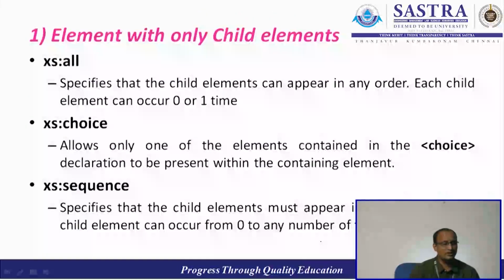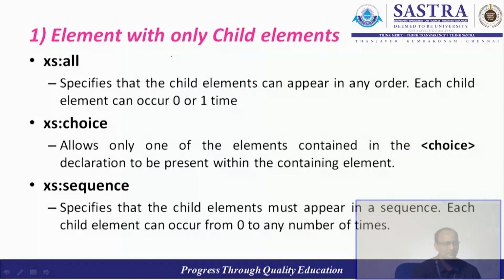Let us define the various elements. First, we can have an element with only child elements. All specifies that the child elements can appear in any order. Each element can occur exactly one time or it may not be included. The same way we have choice and sequence.